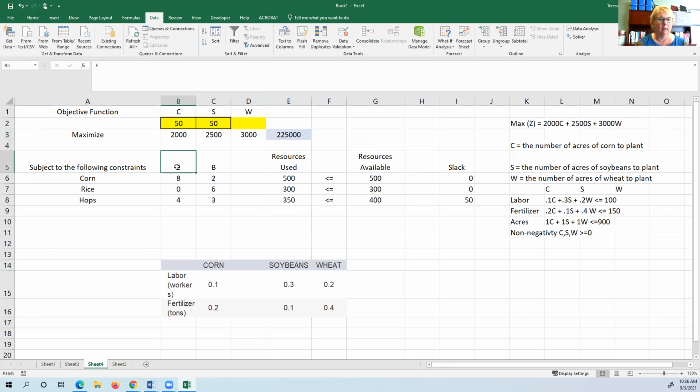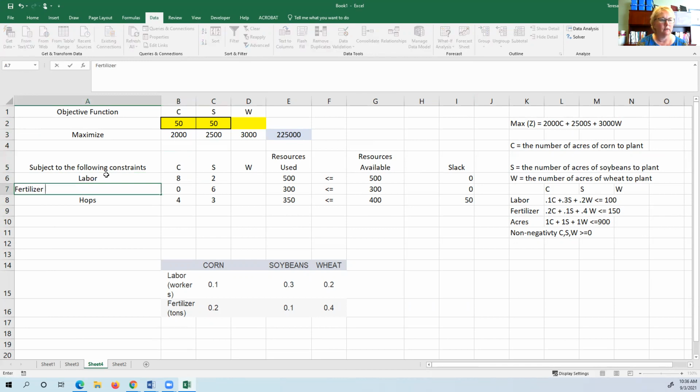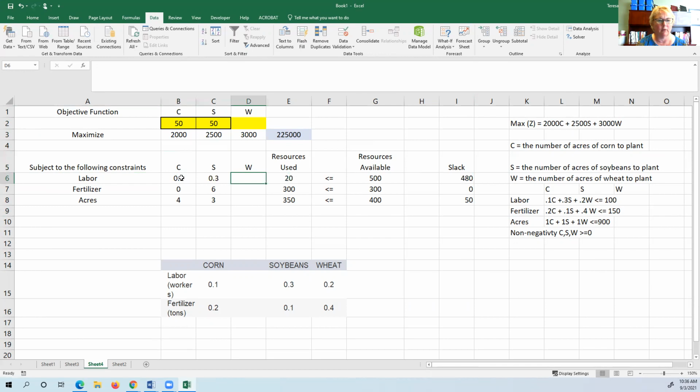Okay. And again, restating my constraints for labor, fertilizer, and acres. Okay. So for corn, it's 0.1, for soybeans, it's 0.3, and for wheat, it's 0.2.